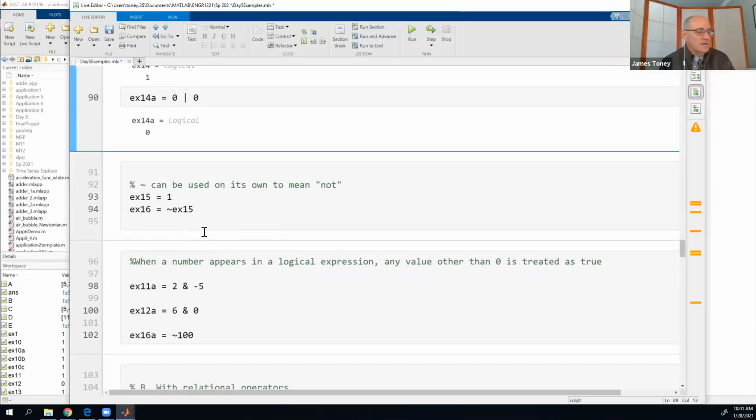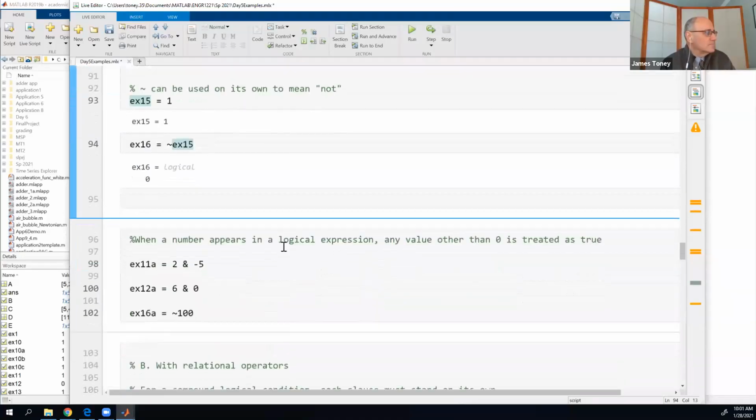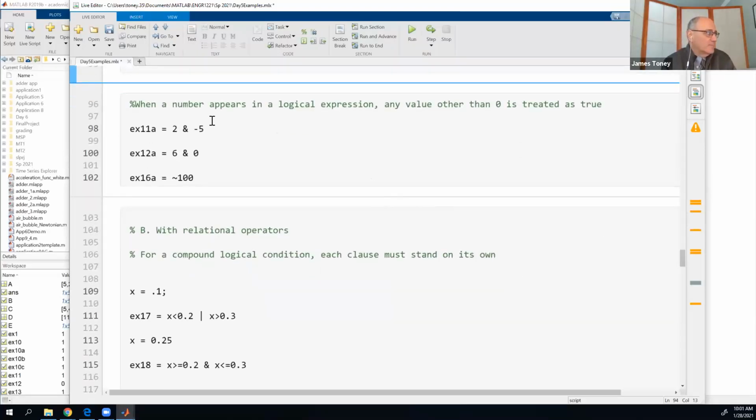And then you can turn a true into a false or vice versa by using the not operator, which is a tilde. Right? So if x is 1, which is the same as true, then if we take the not of that, we get 0 or false. All right, now here's where MATLAB gets a little funny again. What happens if you apply an and or not operation to something other than 1 or 0?